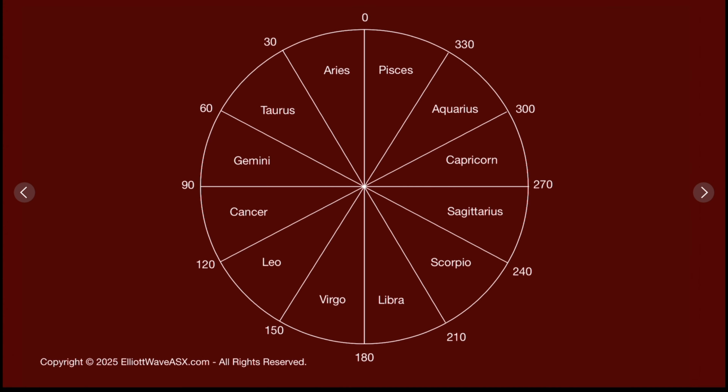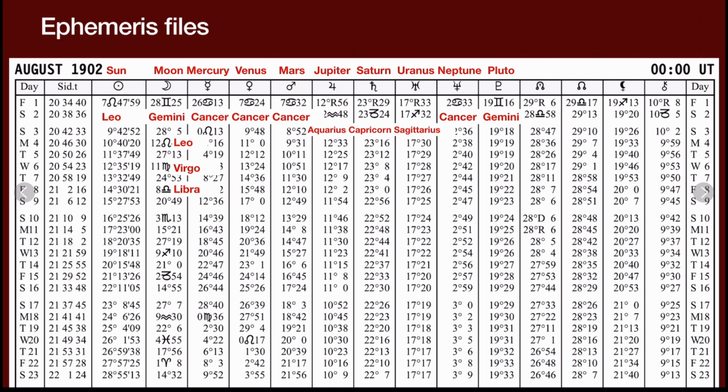So if we go back to the Ephemeris file, you can see, for example, Jupiter is in Aquarius and it's at 12 degrees 56 minutes. Now when it gets to 60 minutes it'll go round to 13 degrees. Now you can round up or down. For this work either is fine, but in this case let's round up and call it 13.